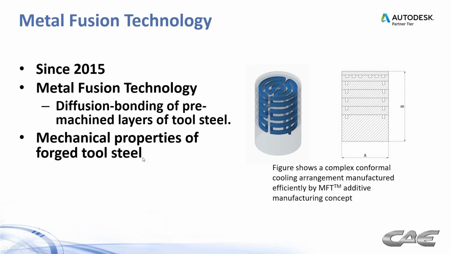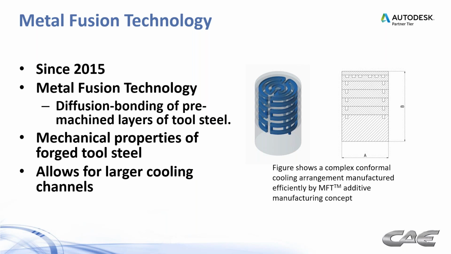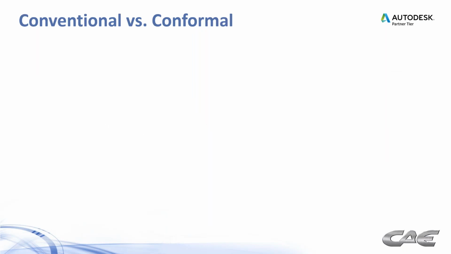When you 3D print conformal cooling inserts, those don't tend to be as structurally sound as a solid block of steel. And this also allows for larger cooling channels, which is good as well in those cases where you can get them to be larger.